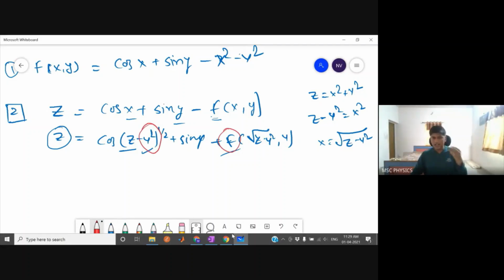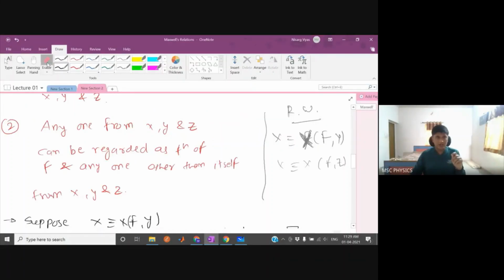So you can write that any one of x, y, and z is a function of f and any one of the other variables, or any two of the other variables. So it is z and y in this case. I am not able to find that particular example where I can write it only in terms of f and y, but you can do it in some particular examples. So the word I should not write here is one.